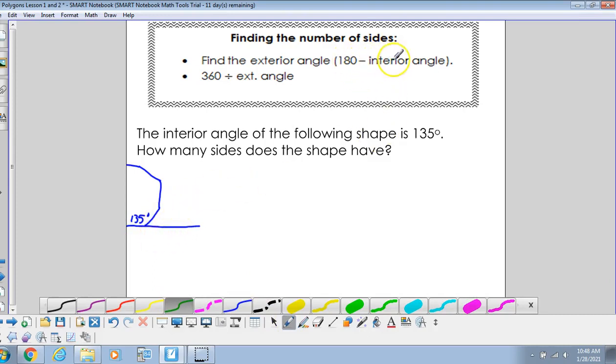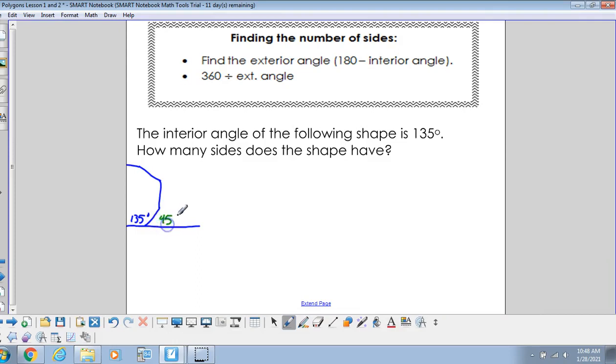So 180 minus my interior angle gives me this exterior angle right here, which is 45 degrees. Now we just do 360 degrees divided by that exterior angle, and we get that this figure has 8 sides. Okay, so the first step, find the exterior angle and then divide. And that's all there is.